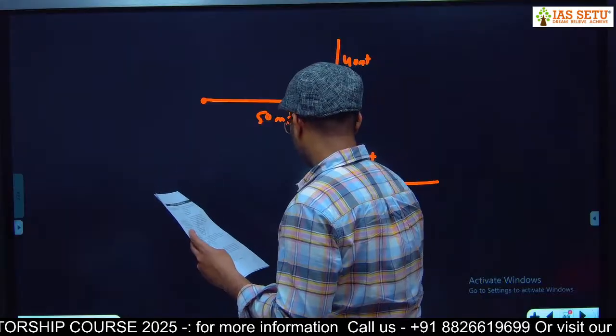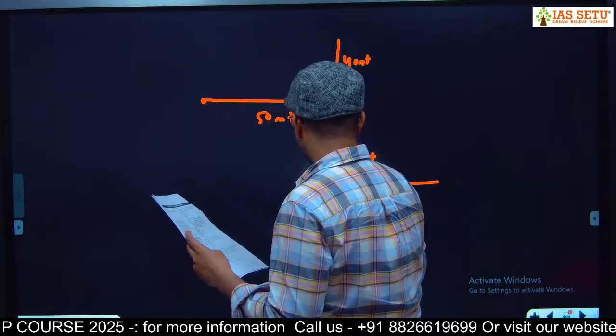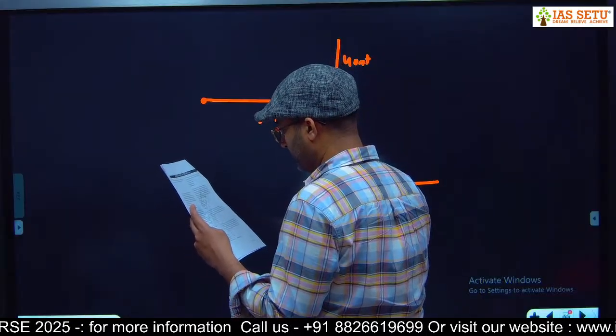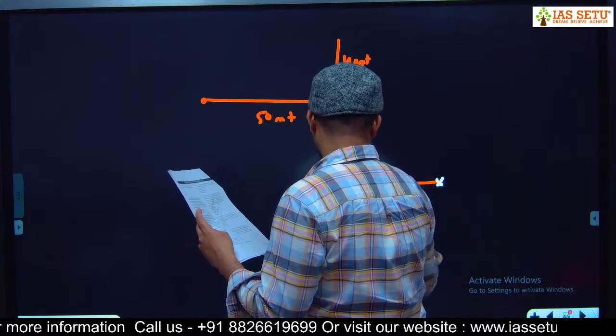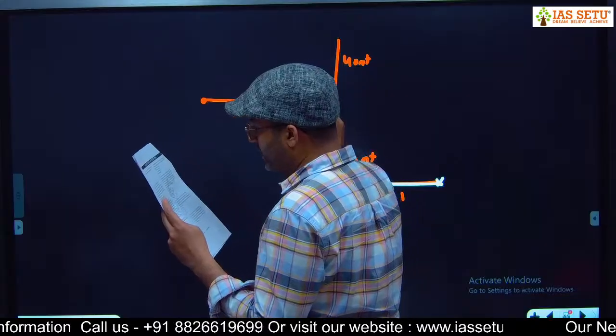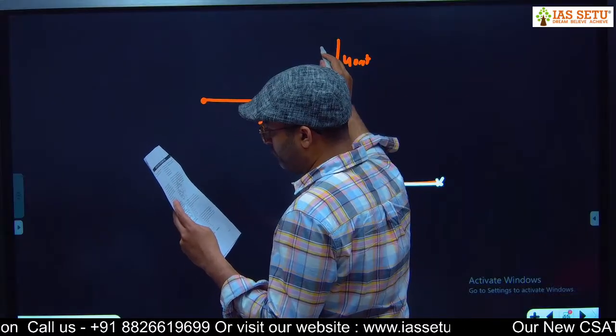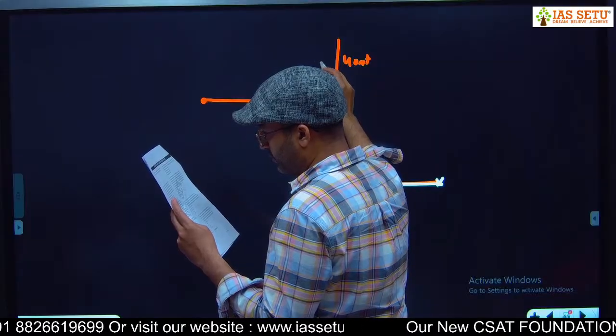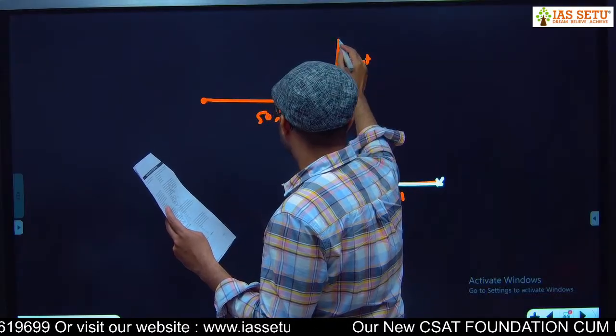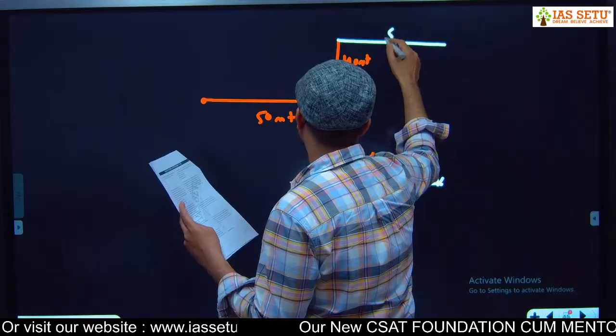X यहाँ से राइट आया 60 मीटर, X लेफ्ट गया 50 मीटर एंड स्टॉप, Y हियर लेफ्ट 40 मीटर, Y टर्न राइट, यहां से Y राइट गया 50 मीटर यहाँ पे.